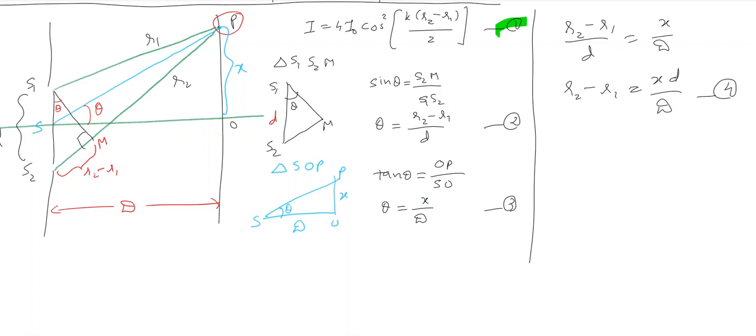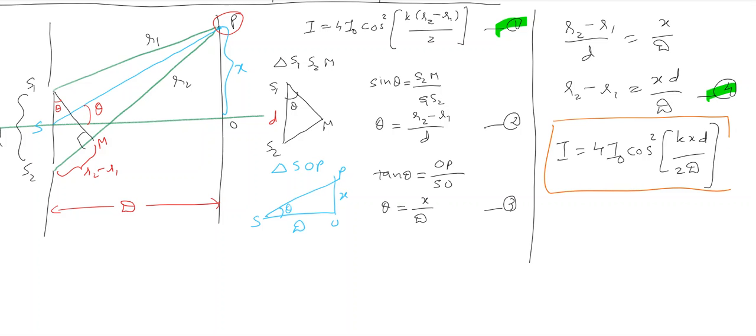This is 1, this is 4. And then I is 4 I0 cos square k x d by 2D. So this is our equation of intensity once again, but now it is in terms of x and capital D.